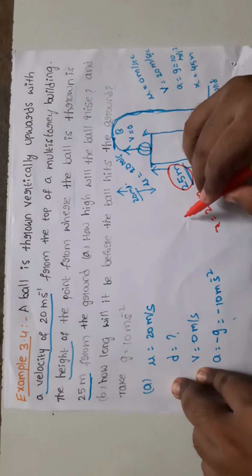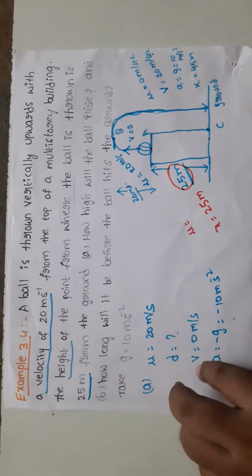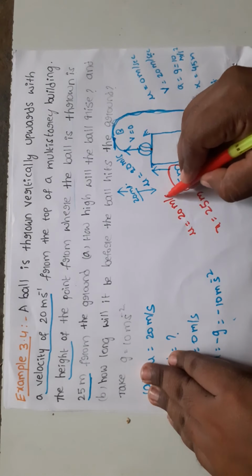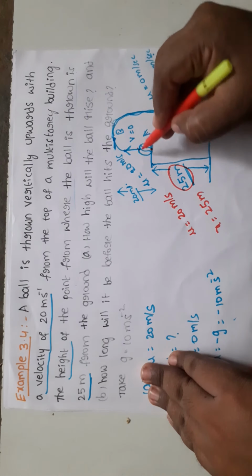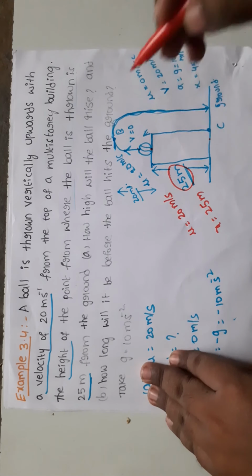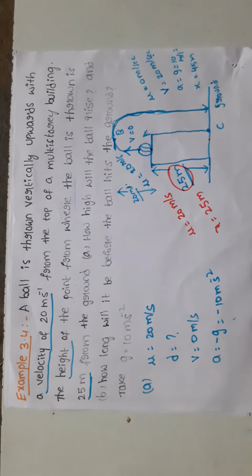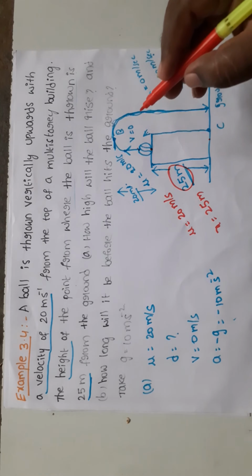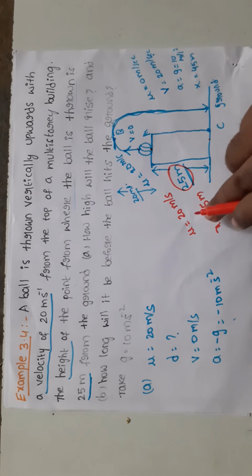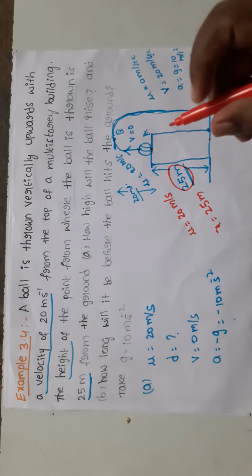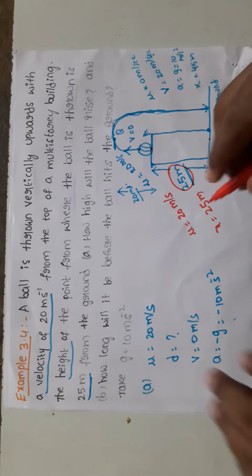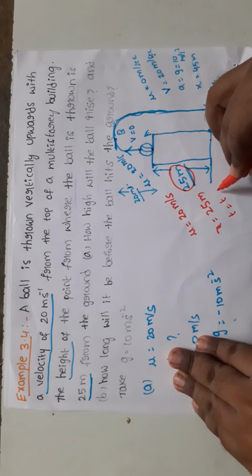Next, u value 20 meter per second, because we are throwing the ball in the upward direction, so we require some initial velocity, that is u equal to 20 meter per second. Next, final velocity, we don't know the final velocity, and time t we have to find.